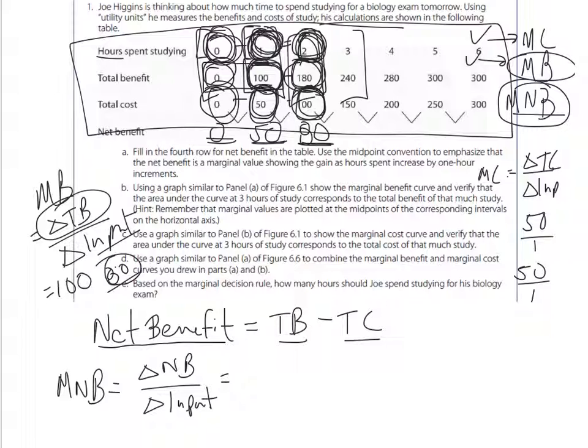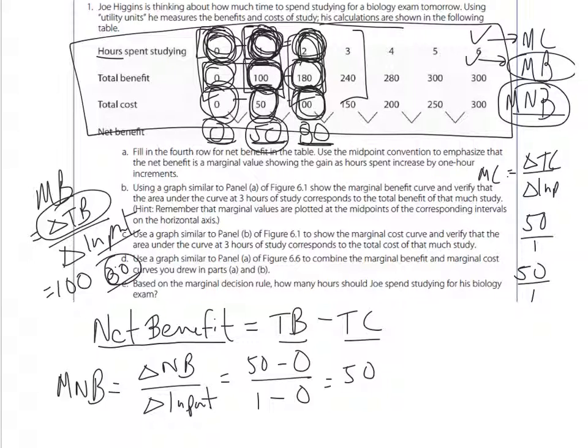Well, what's the change in the net benefit? So we say 50 minus 0 divided by the change in hours, which is 1 minus 0, and our marginal net benefit is 50.